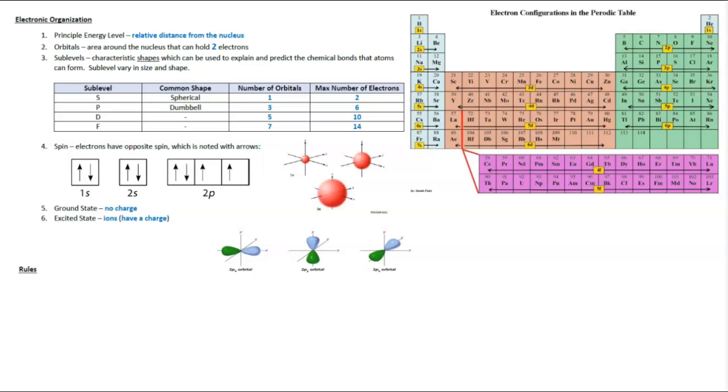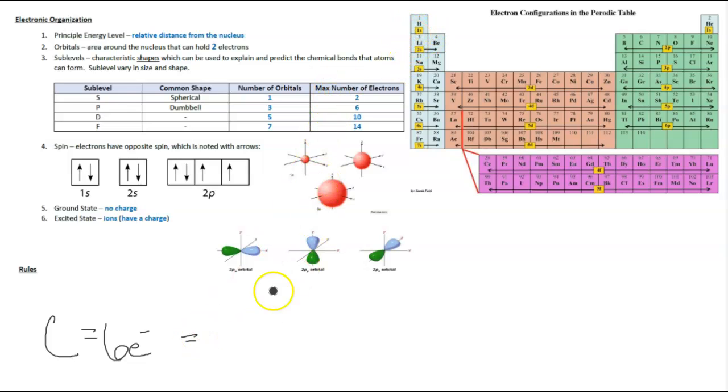What we do is we start by writing an electron configuration. So down here at the bottom, I'm going to write the electron configuration for carbon. If I look at my periodic table, carbon is number 6, so I've got to come up with 6 electrons, and I start filling them in the lowest energy level.